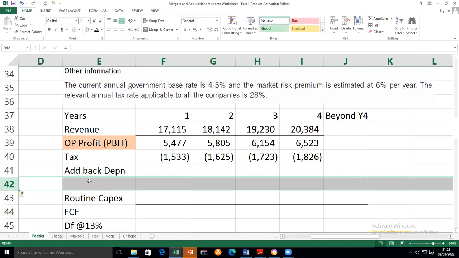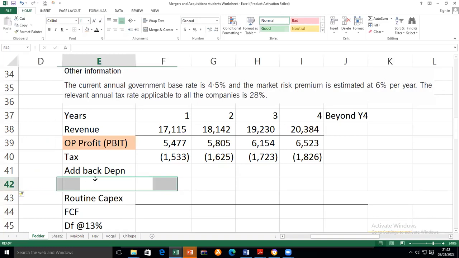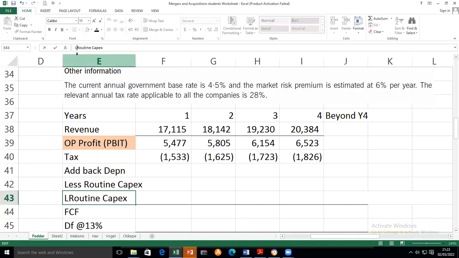What are those two items? By adding back, we are converting profit into a cash flow. To convert it to a free cash flow, we are supposed to take out routine capex.